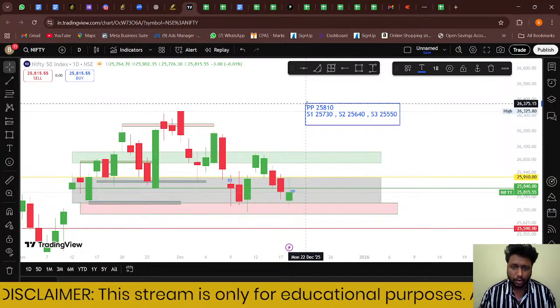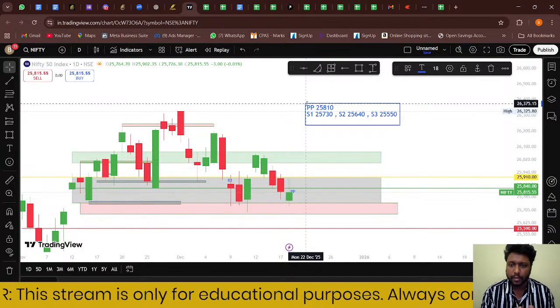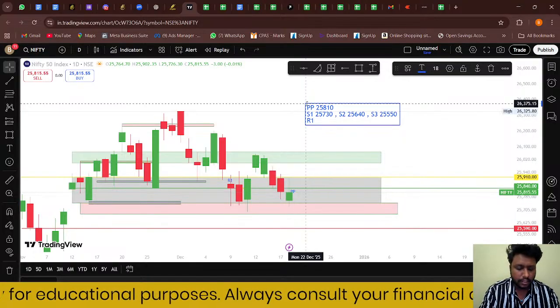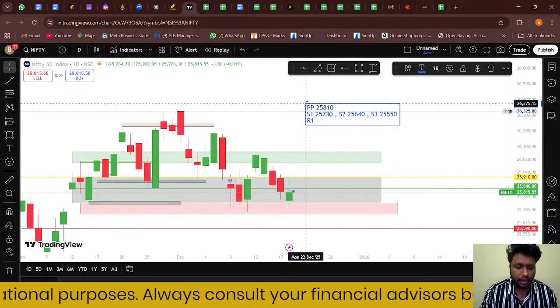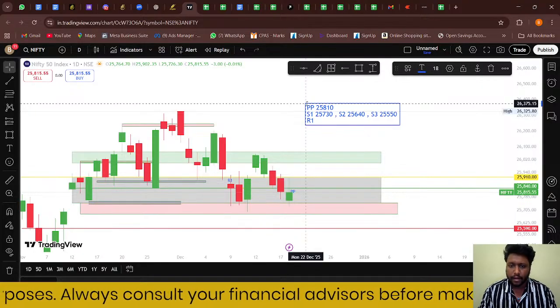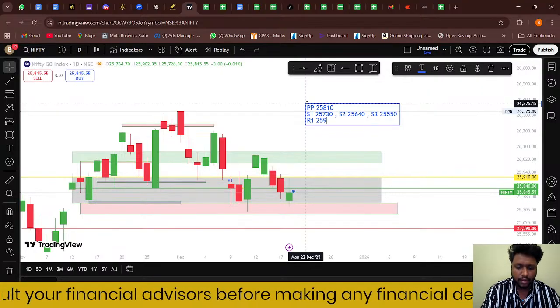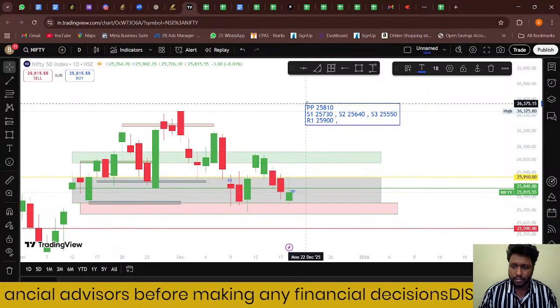We calculate the pivot point with respect to that, and support 1, support 2 and support 3 are here. On the resistance part, 25,902 still remains the first resistance, so we will mark the 25,900 level for resistance 1.